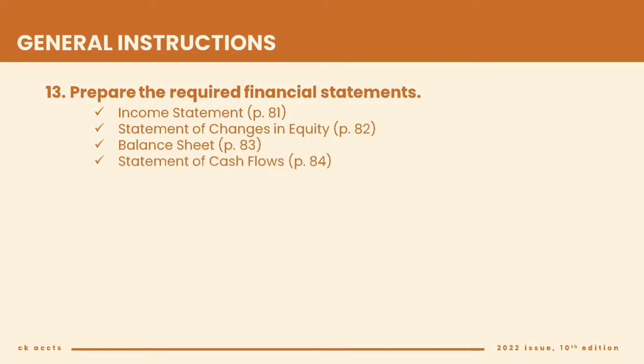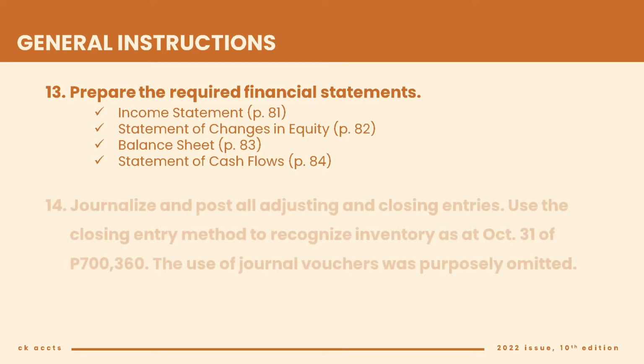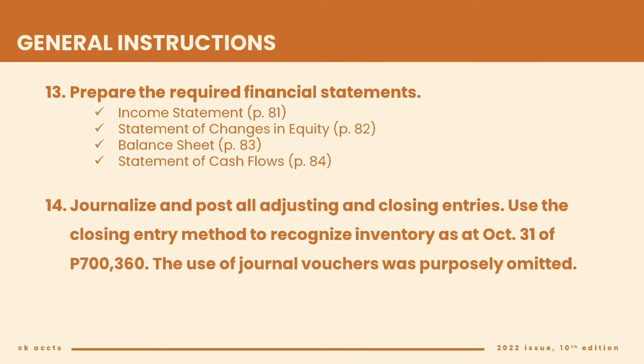Makikita nyo yung sheet for that from page 81 to 84. Then next, journalize and post all adjusting and closing entries. Use the closing entry method to recognize inventory as at October 31 of 700,360 pesos. The use of journal vouchers was purposely omitted.